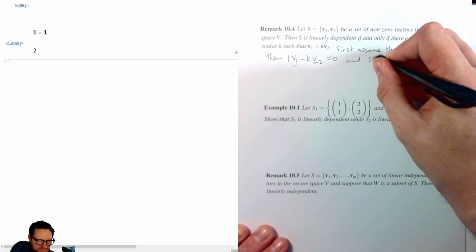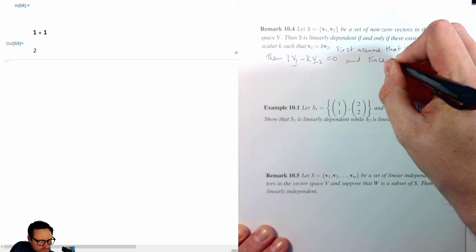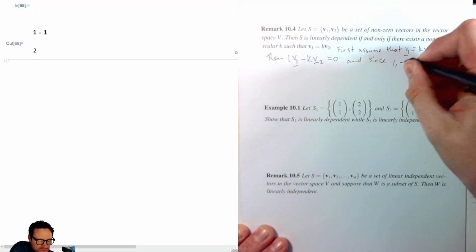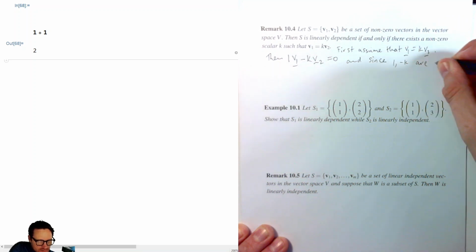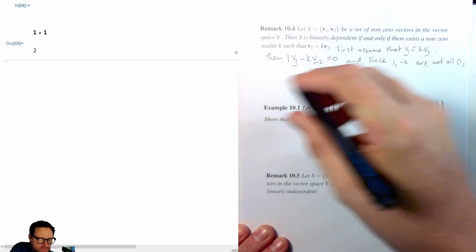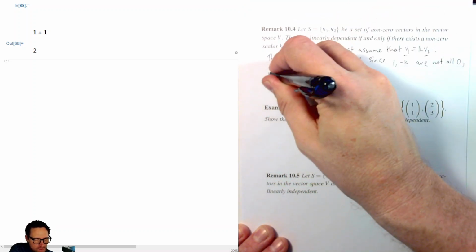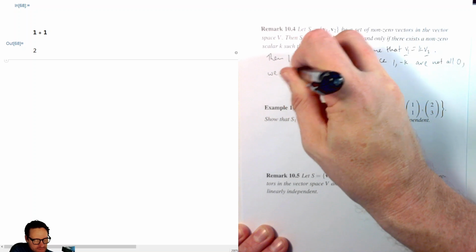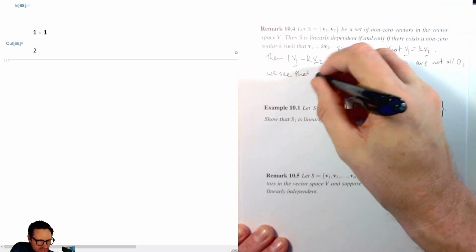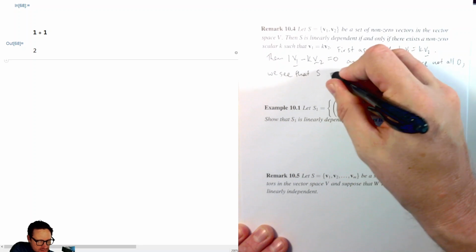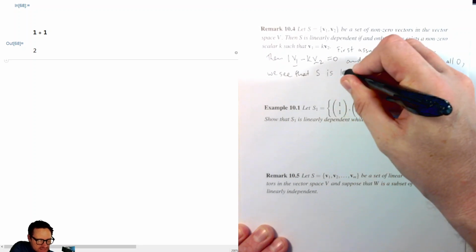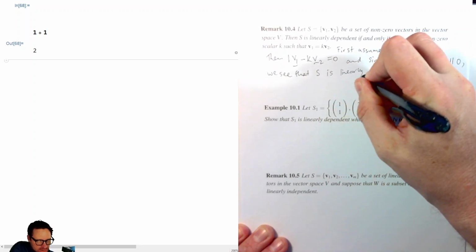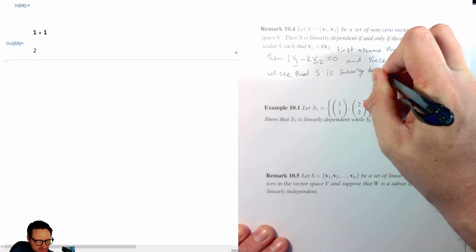And since 1 and minus k are not all 0, we see that S is linearly dependent.